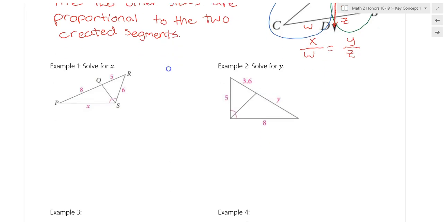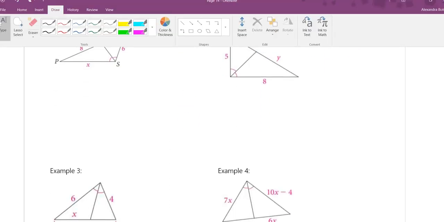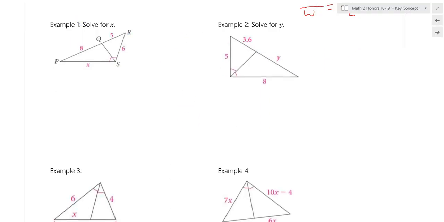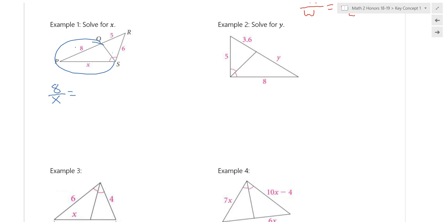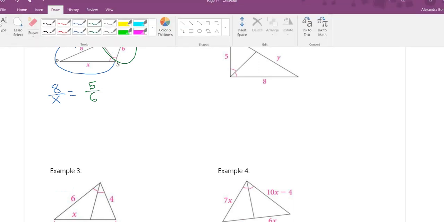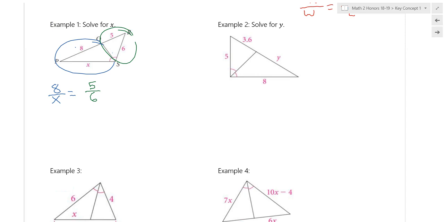So let's look at an example. I'm going to start with the left side of the line. The left side of the line has 8 over x. The right side of the line has 5 over 6. Okay, and then once I do that, I am just cross multiplying, just like we did before.